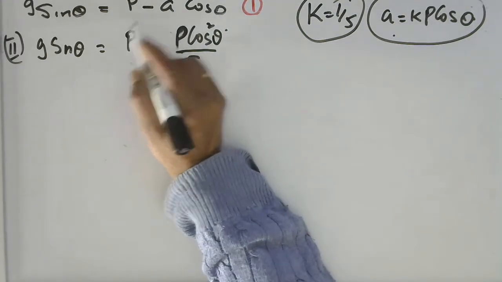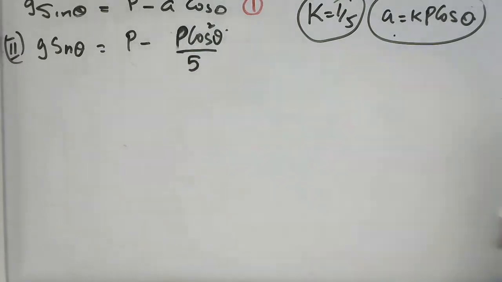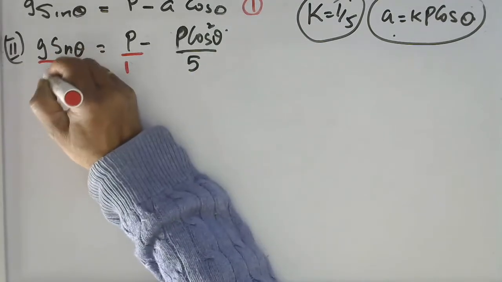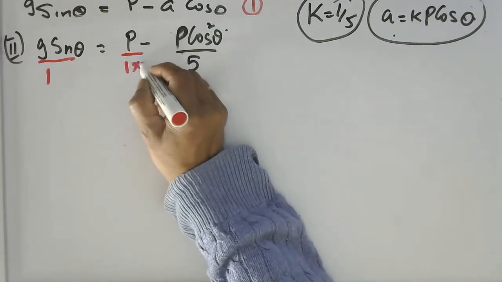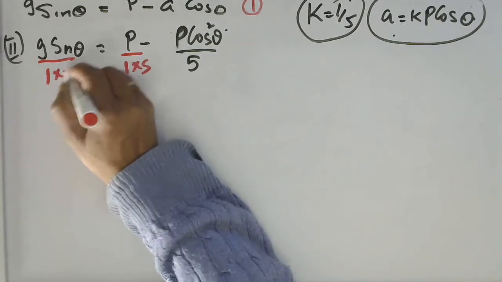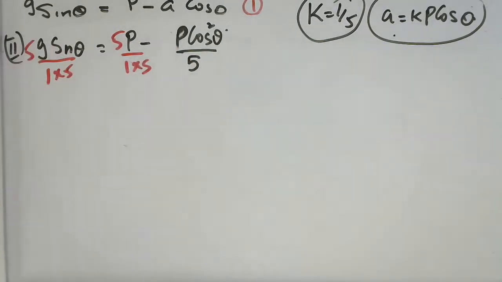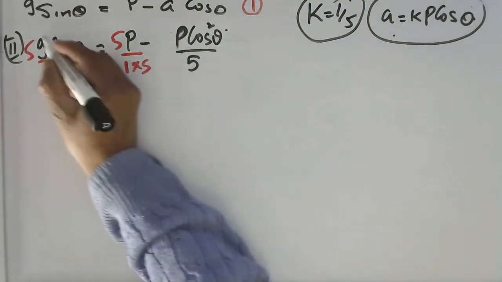We can make the denominators equal: if I write this one over 1 and this one over 1, I can multiply this by 5 and this by 5. Now you can see the denominators are equal, so I can cancel them.